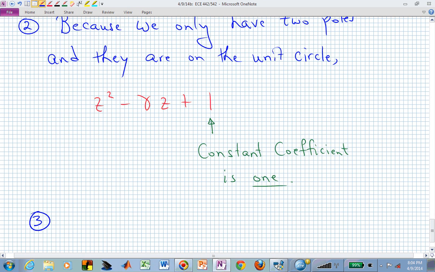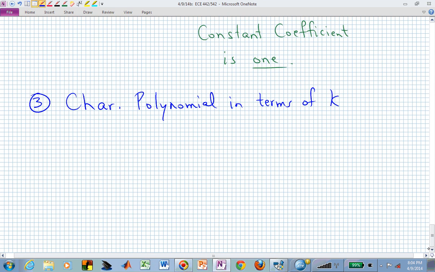A third property is we can now write down the characteristic polynomial of our closed loop system in terms of the feedback gain k. Meaning we have 1 plus k g bar of z, and that's equal to 0 in our characteristic equation.